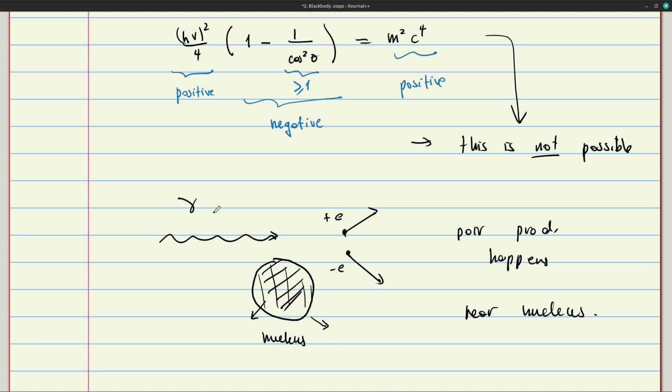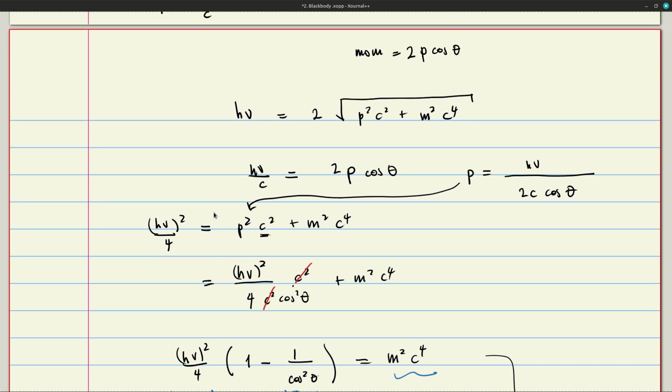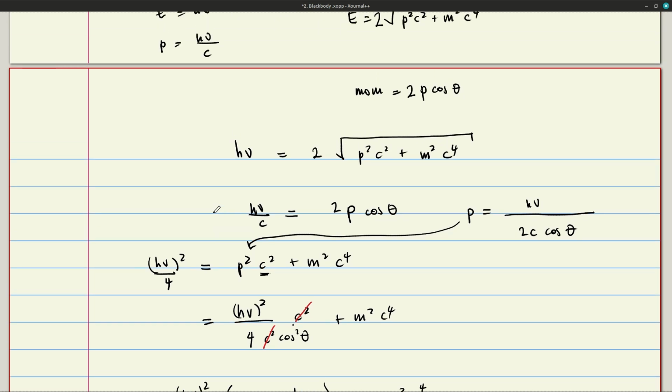So, in the second derivation, what happened to the pc squared? Why didn't we use that? No, we used it, right? This is energy, here is energy. This one is momentum. And I took the square of this one, and this is h nu squared over 4, right?